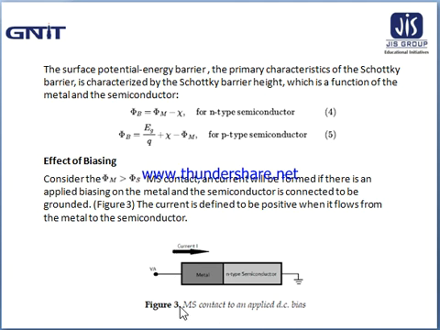That is shown in figure 3. Here is the direction of the current. This is the metal and this is the n-type semiconductor, and the current is defined to be positive when it flows from the metal to the semiconductor.